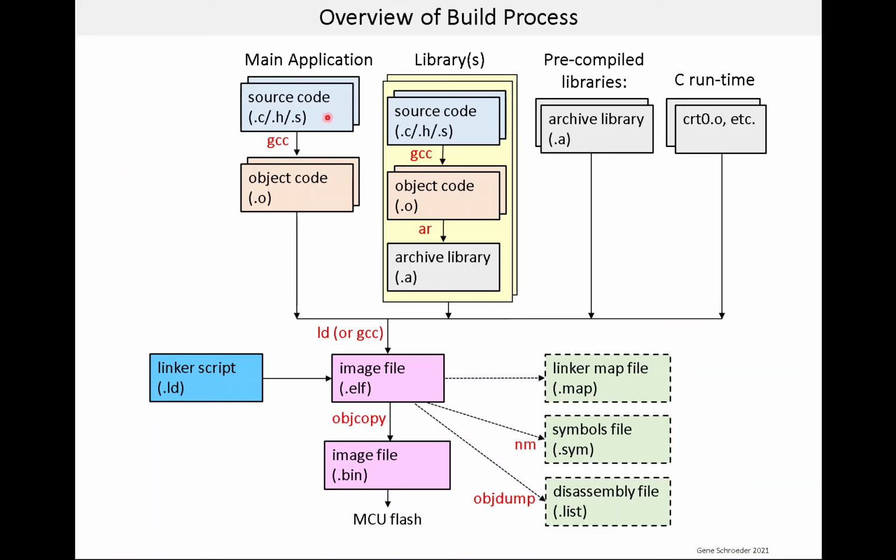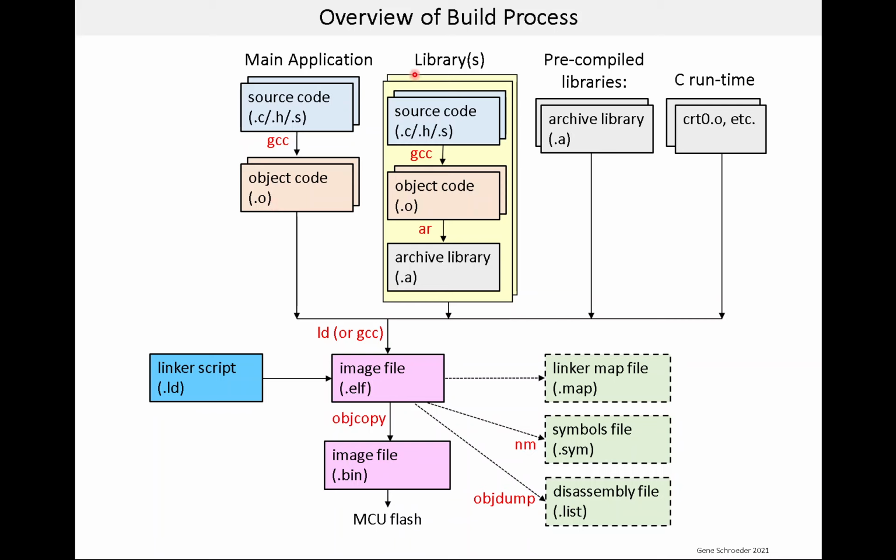So our source gets compiled into .o object files using the GCC compiler. Normally there is one object file for each source file. The object files contain the compiled object code and a symbol table, as we just discussed.